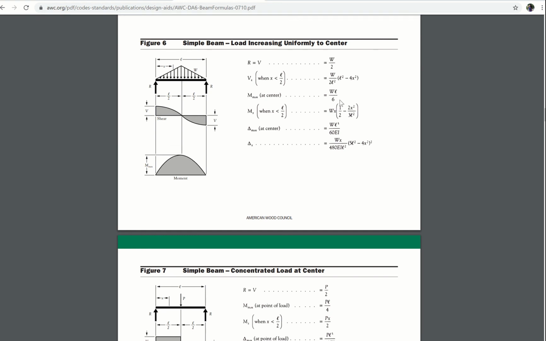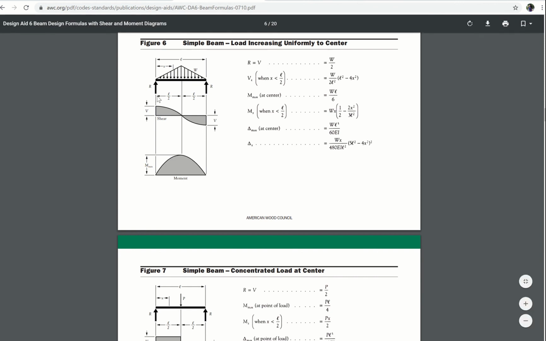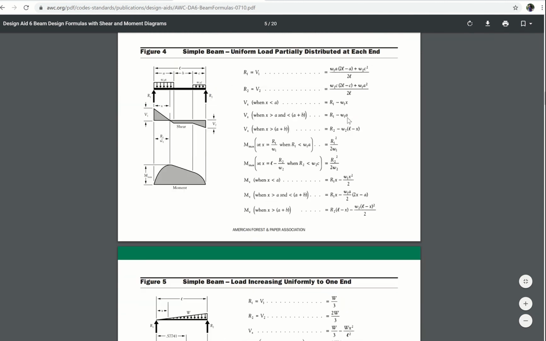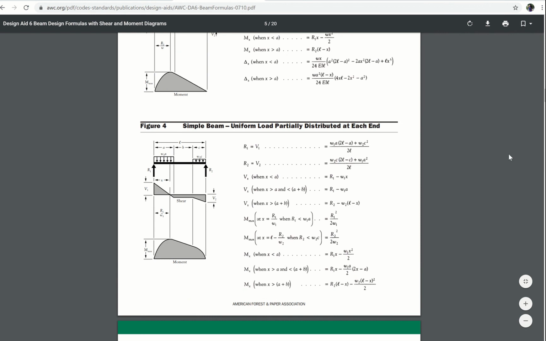Okay. Let me just double check if this W is right. For R, here they have half of W. So this W is actually not your distributed load. Let me see what they have for this W here.